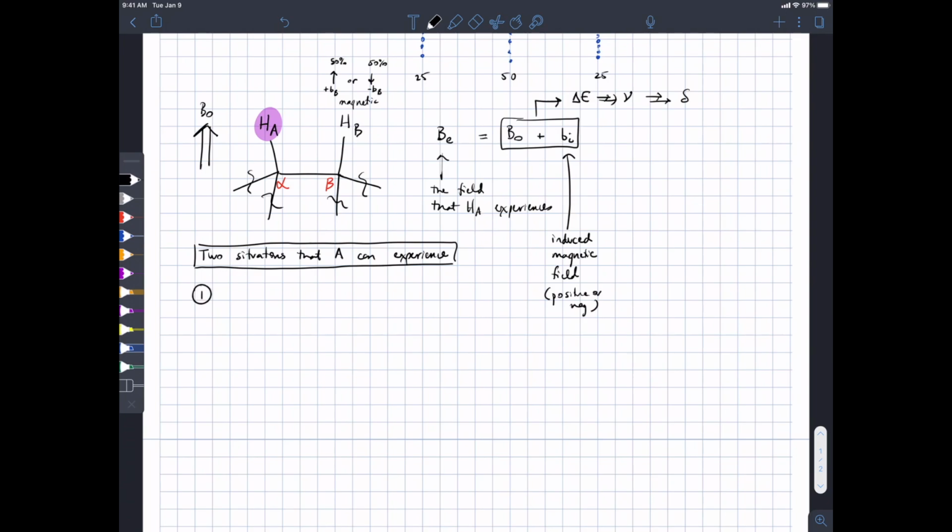Situation 1 is that proton A sees proton B with spin aligned with the external magnetic field. The other situation is proton A sees proton B with spin aligned against the magnetic field.